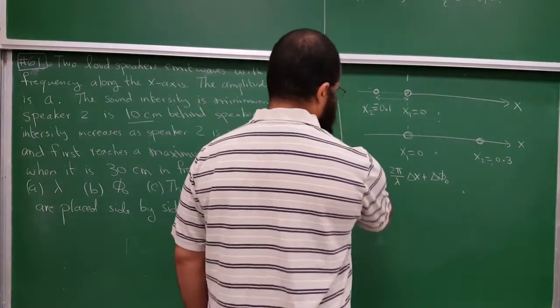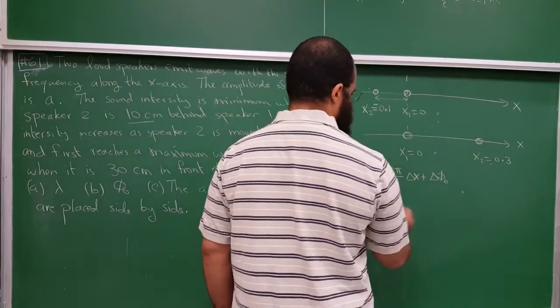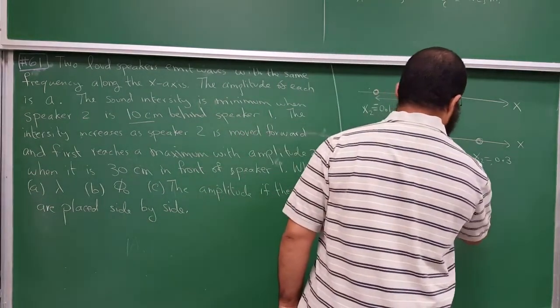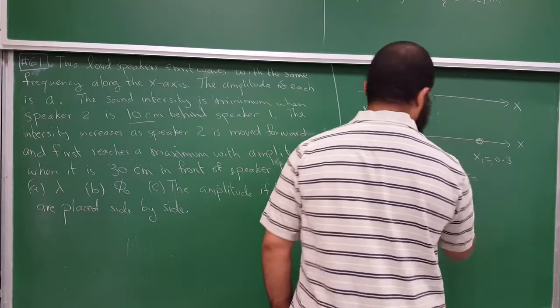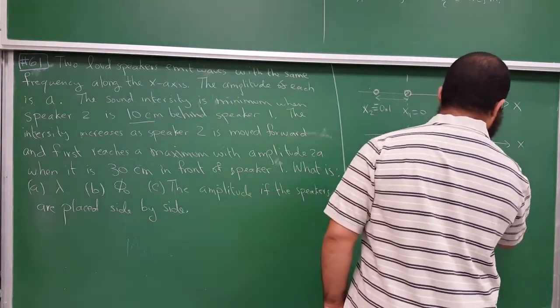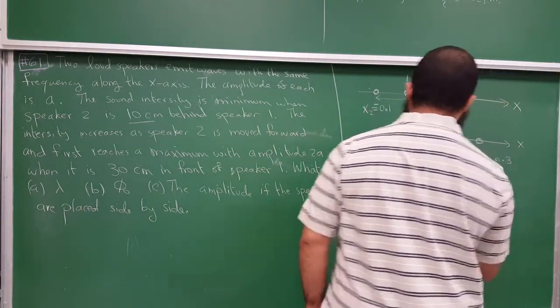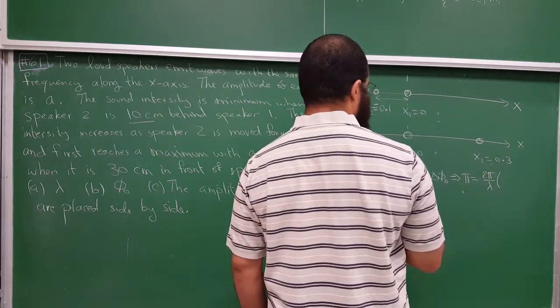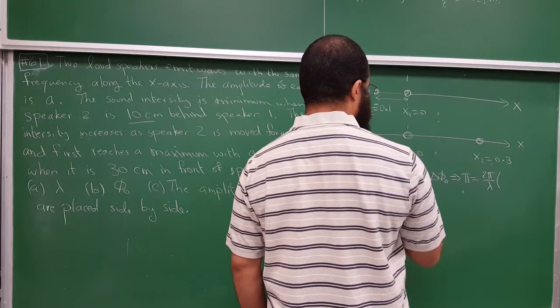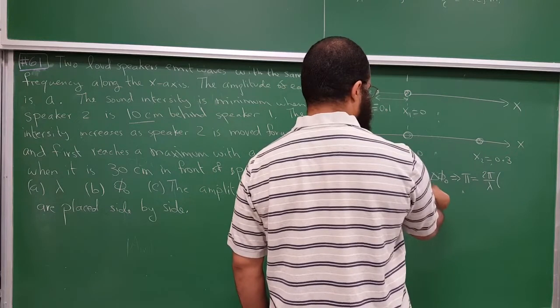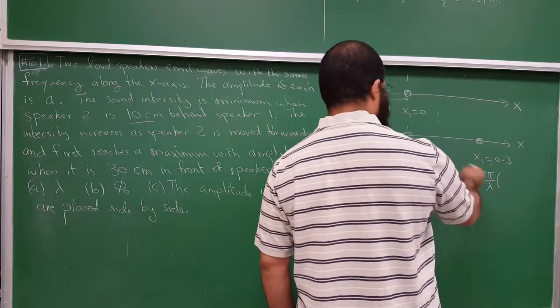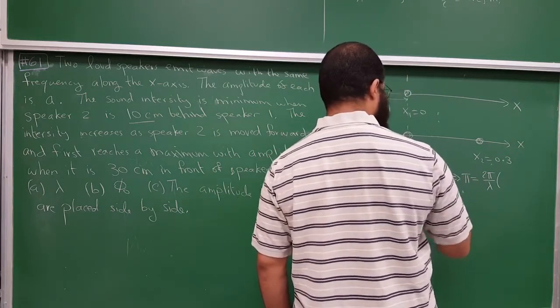Since it's destructive interference, this is equal to pi. So pi equals 2 pi over lambda times delta x, and the absolute value of delta x, because delta phi would be plus pi or minus pi, it's the same thing.